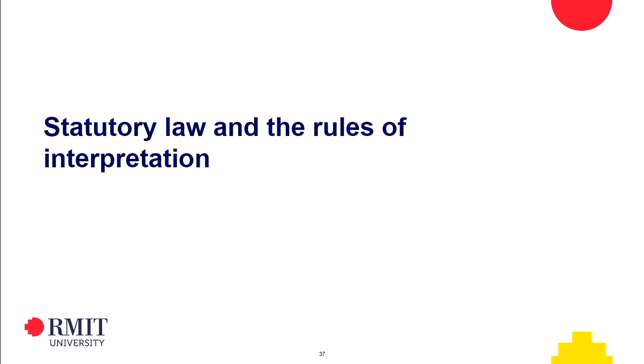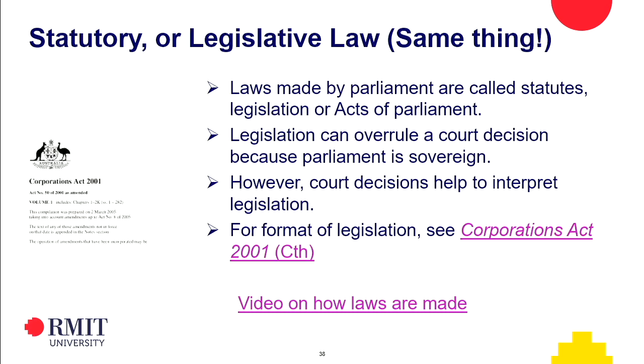So, statutory law and the rules of interpretation. A statute or legislation, they're the same thing. These are laws made by Parliament. They're acts of Parliament. So, in our legal system, we have two sources of law, being legislation and judge-made law.